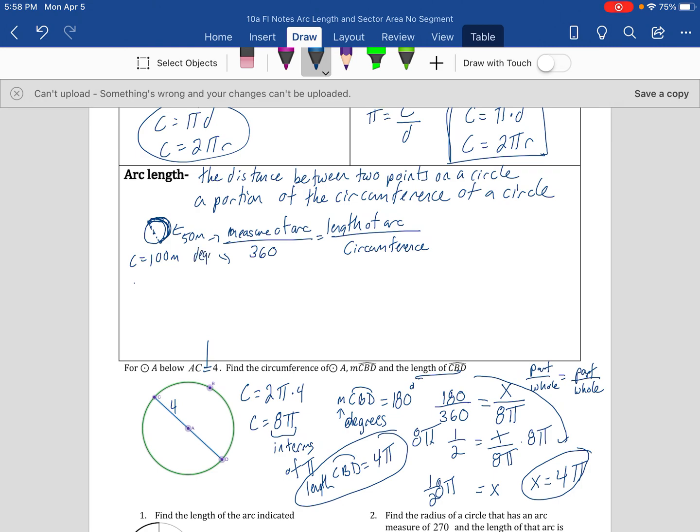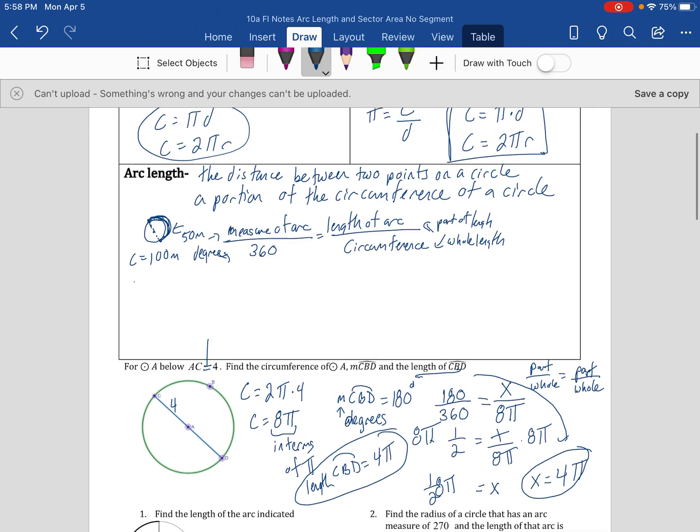Part in degrees over whole in degrees equals part of the length over whole length. Okay, so that's the first one that we can think about.